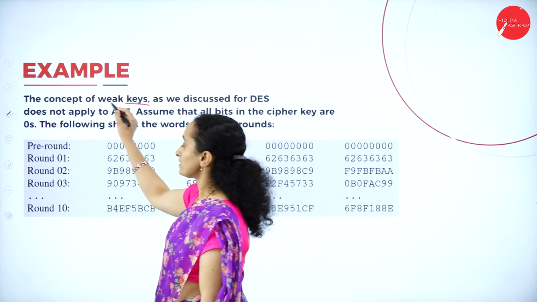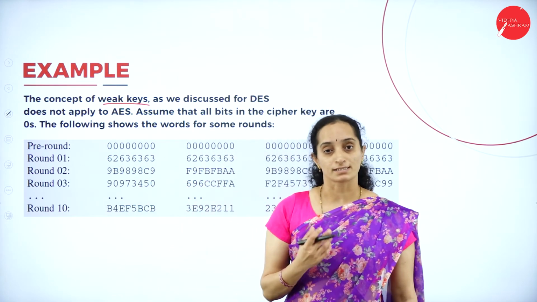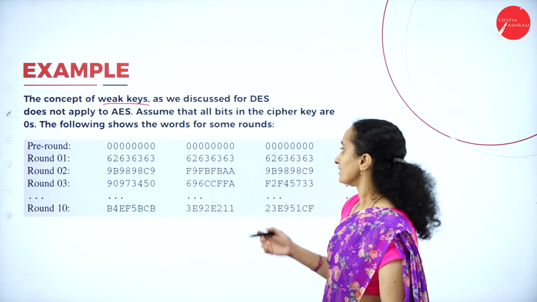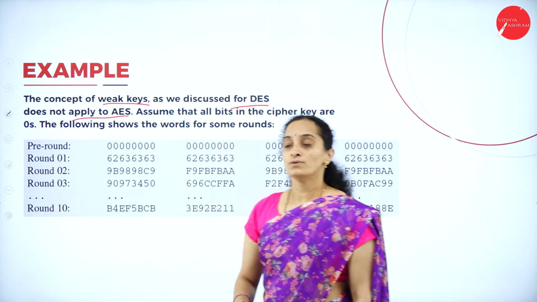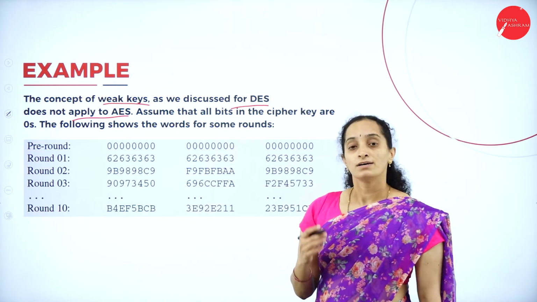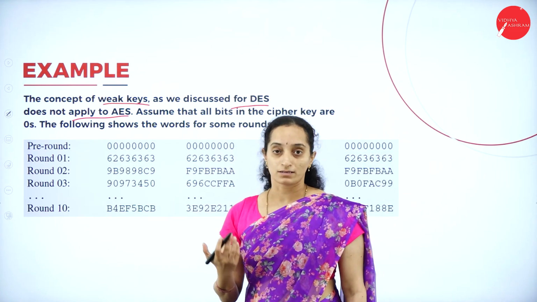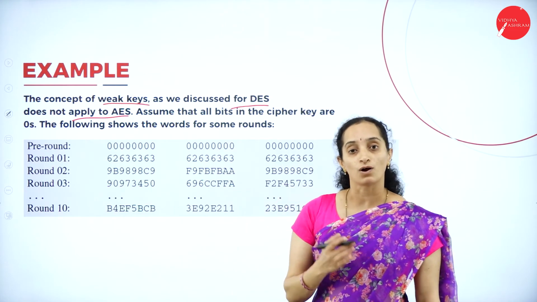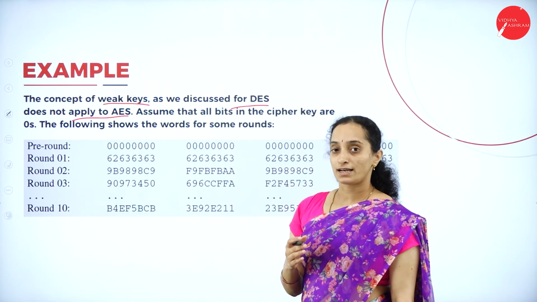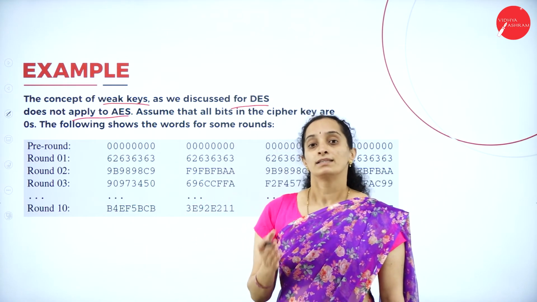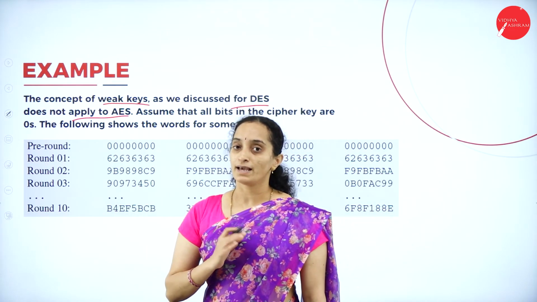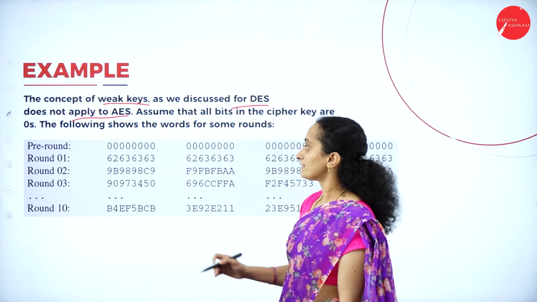Okay. The concept of weak keys has been discussed in DES, isn't it? What we discussed for DES does not apply to AES because we use different round constants along with the round keys, which generate a different set of words, so that the weak key concept will be erased from the AES.